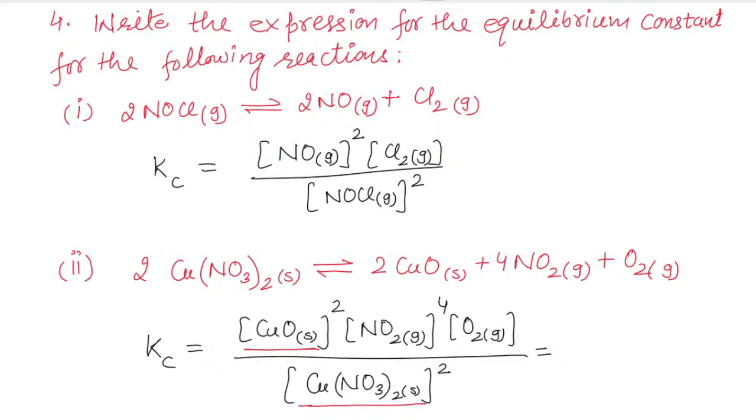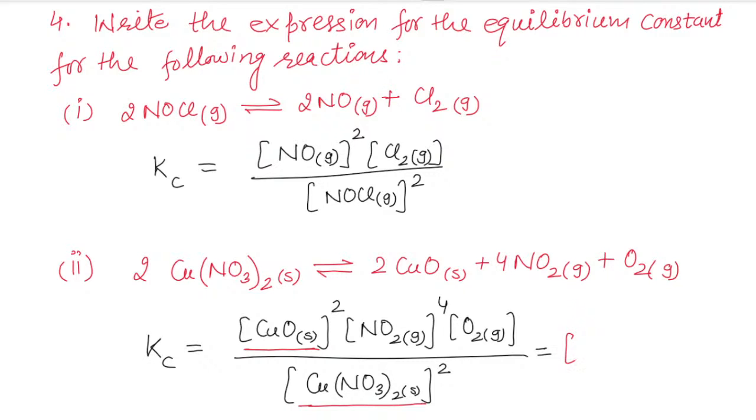There is a separate video for this, but you should keep in mind, whenever there are pure solids or pure liquids in the expression, then they should be omitted while writing the expression for the equilibrium constant. That means CuO solid and Cu(NO3)2 solid should be omitted.